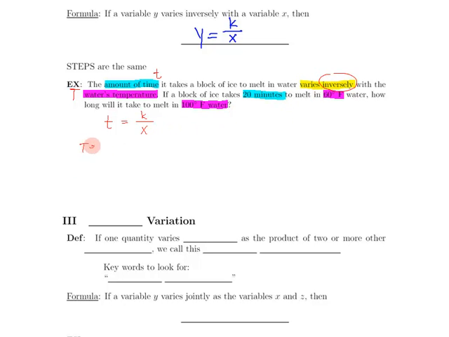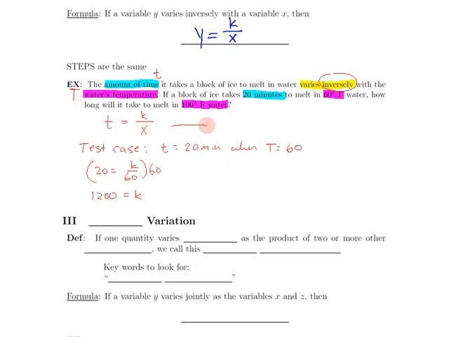Now our test case. Like I identified here, we know that the time is 20 minutes when the temperature is 60. So 20 is equal to k over 60. Multiply both sides by 60. That gives me 1,200 is equal to k.